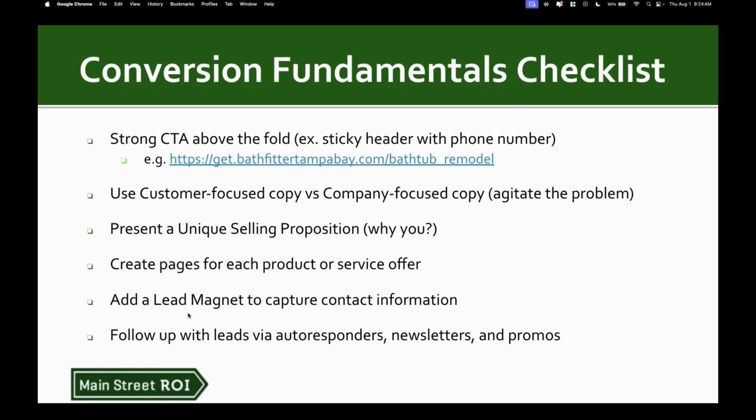Adding a lead magnet to capture contact information. So by lead magnet, I mean some kind of piece of information that we can provide people with in exchange for their information, like name and email. So that might look like some kind of a guide, maybe a discount, but something of value that we can exchange for their contact information.